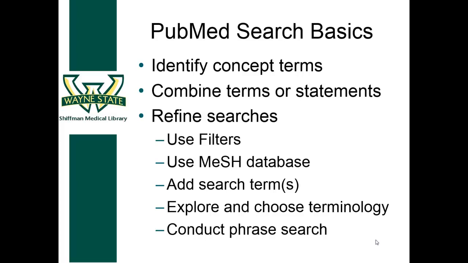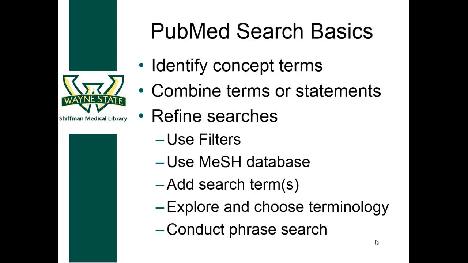You can refine your search by using PubMed filters, the MeSH database, adding search terms or synonyms, exploring terminology in search results and finding appropriate terms that might help you get better results, or conduct a phrase search. You will learn how to use filters and create an efficient search in the MeSH database tutorial.